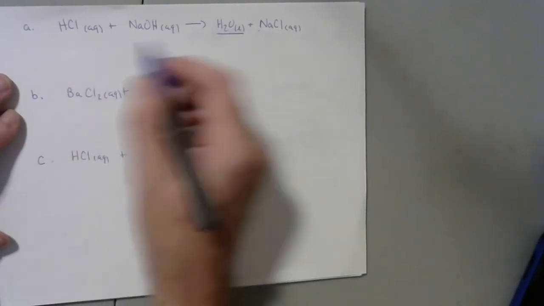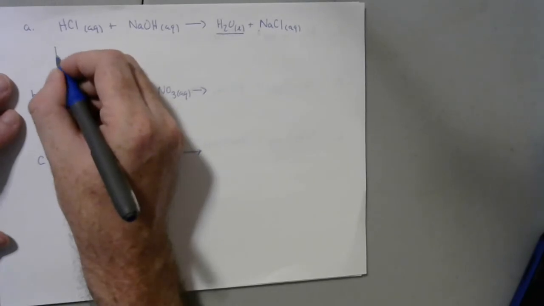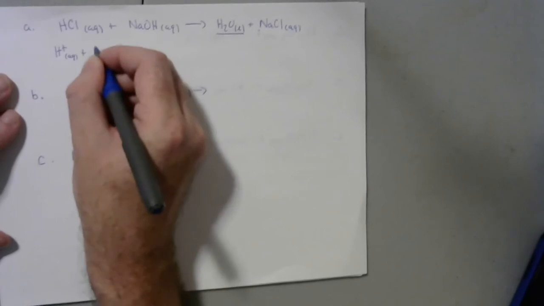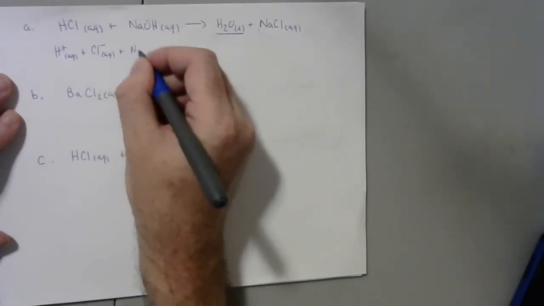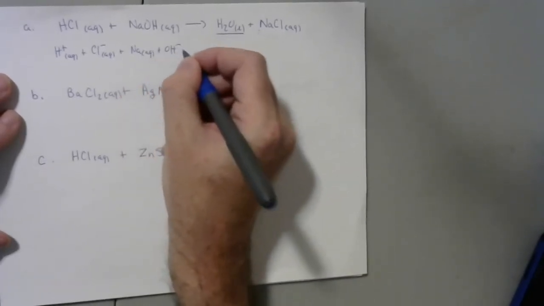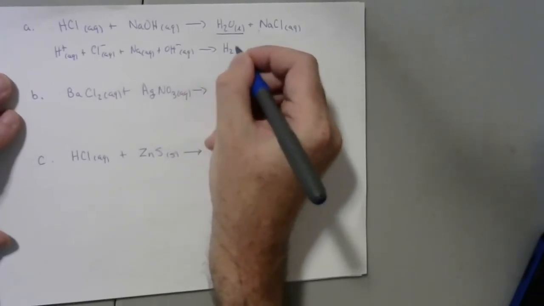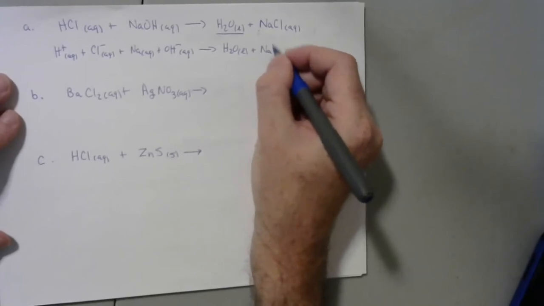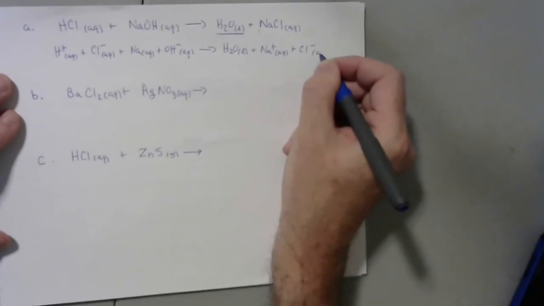This reaction's already balanced as is, so we're going to write H+ (aq) plus Cl- (aq) plus Na+ (aq) plus OH- (aq) yields water, liquid, plus Na+ (aq) plus Cl- (aq).